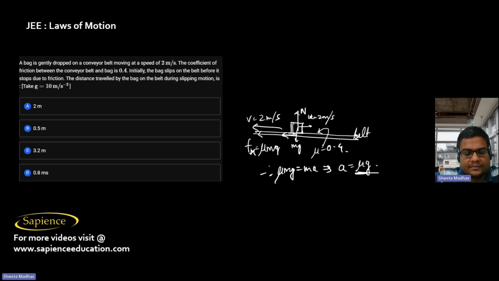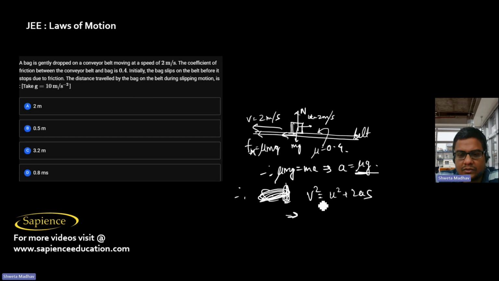So the distance traveled s can be found using v squared equals u squared plus 2as, where s we have to find out. The final velocity of the bag relative to the belt is 0 only.